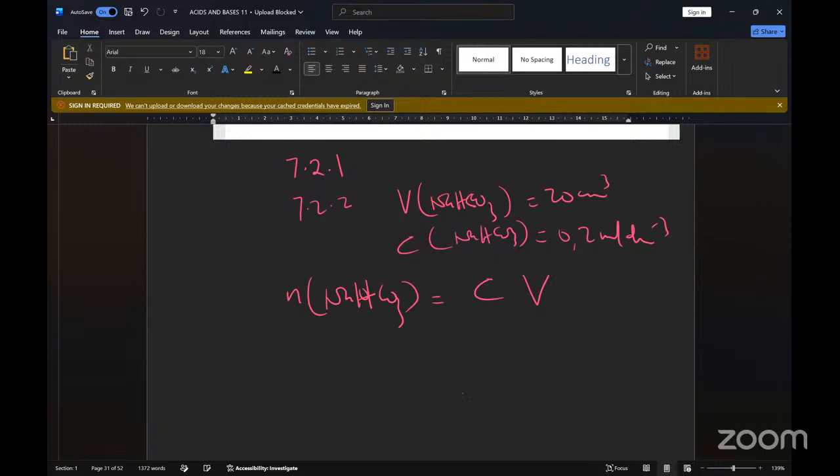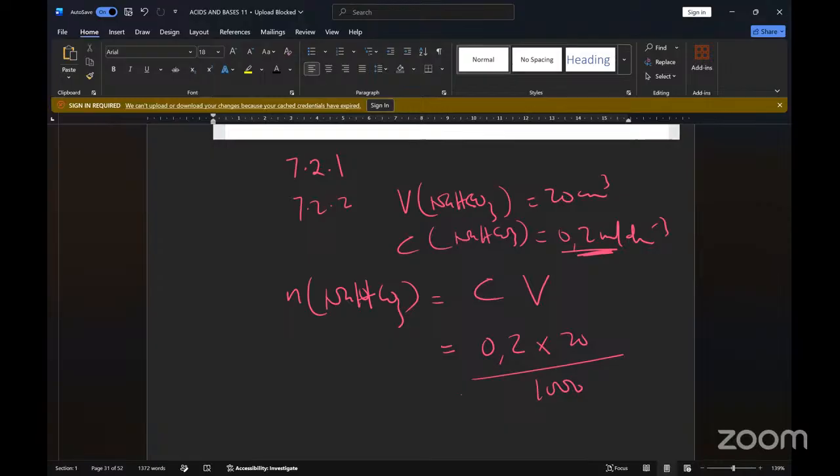So the number of moles here is going to be, the concentration here is 0.2. The volume is 20, but it's in centimeter cube, so we must divide it by 1,000. Your answer will be 0.2 times 20 divided by 1,000.